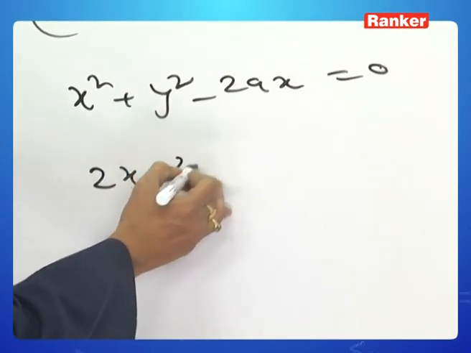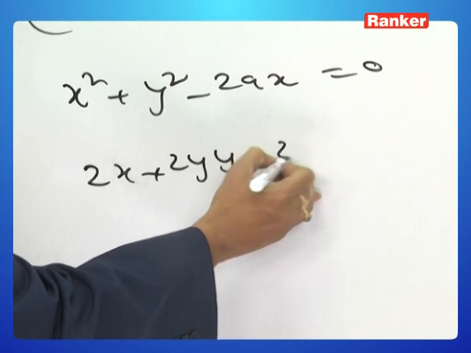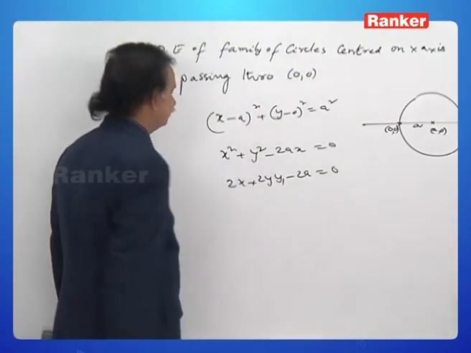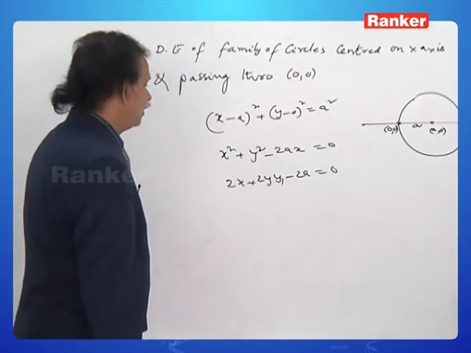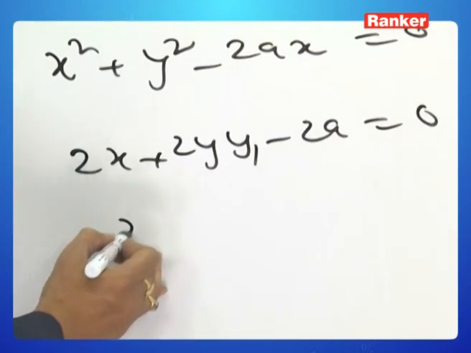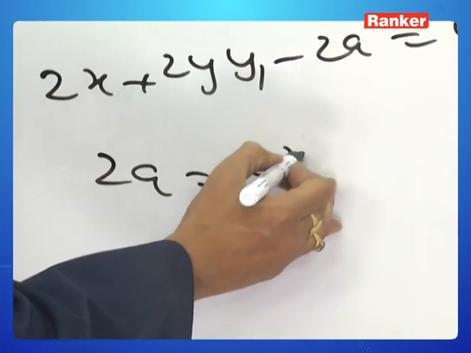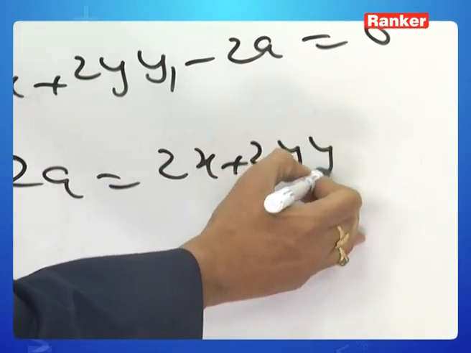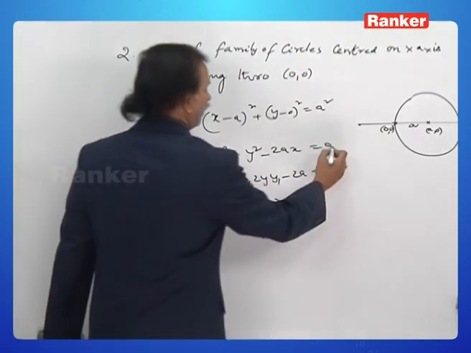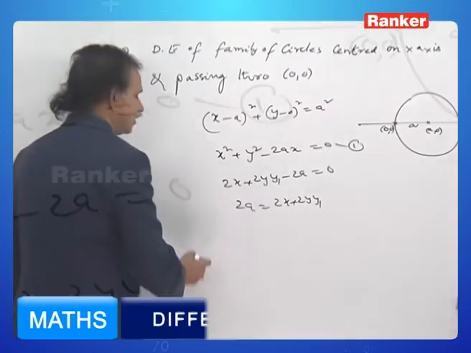2x plus 2y y1 minus 2a is equal to 0. Well done. So 2a is equal to 2x plus 2y y1. Call this equation 1.